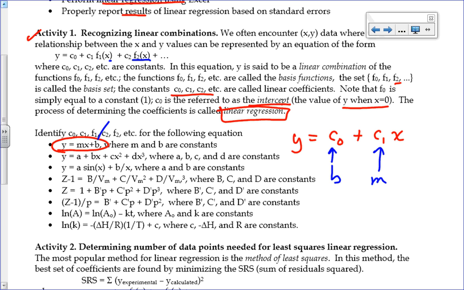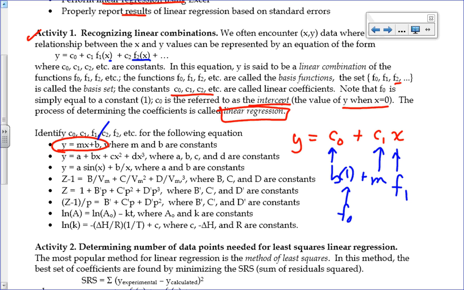Okay, slope. So the equation of a straight line falls into this category of functions. Okay. And what's my f0? 1, right? So that's my f0. And what's my f1? x. So that's my f1, right?